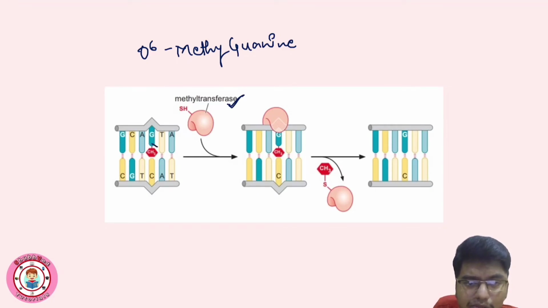It removes this methyl group from guanine and gives it to the cysteine residue. So the methyl is transferred from guanine to cysteine. We can see here the enzyme gets bound to guanine and then is released out taking the methyl group, and hence this is repaired.